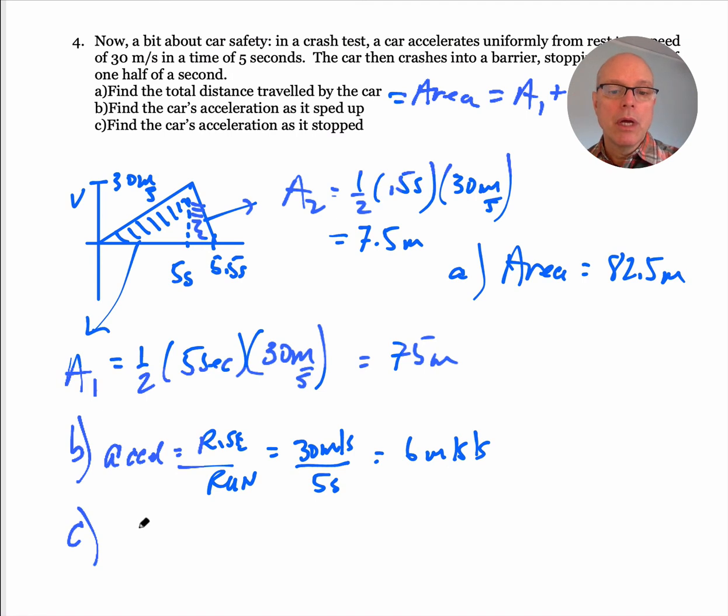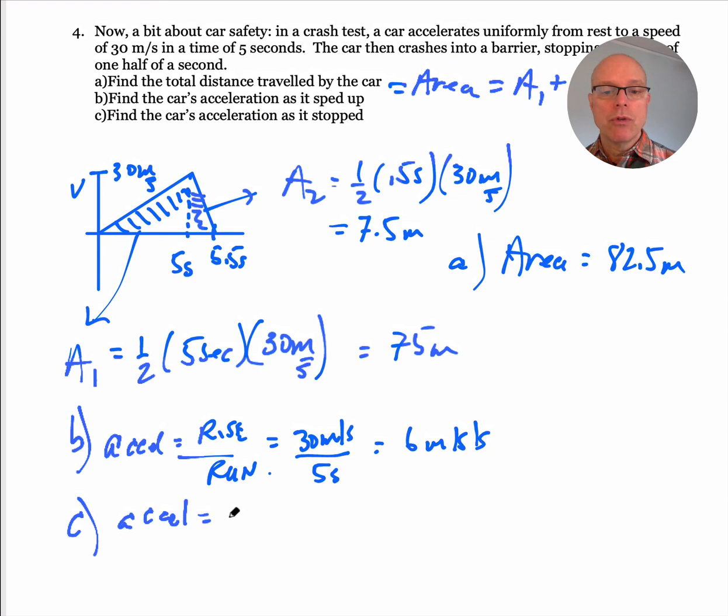Then slowing down, cars will accelerate a lot harder typically when they slow down than when they speed up, especially if you crash them. So rise over run here, do the same thing, except the rise is going to be minus 30 meters per second, and the run is going to be 0.5 seconds, and I'm going to get that the acceleration of this car is negative 60 meters per second squared.